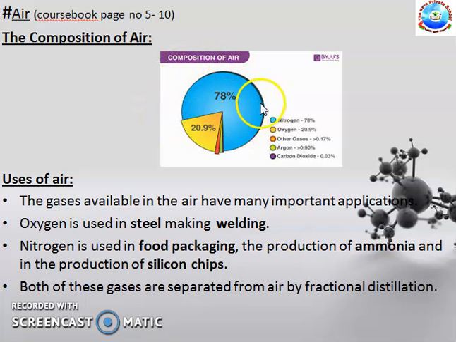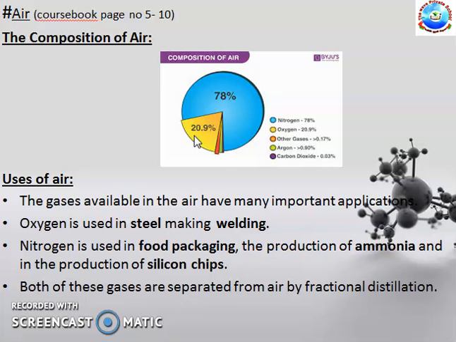But the composition of air is like this: 78% is nitrogen. See, isn't it surprising? Because usually we think oxygen is present everywhere and there are no other gases. But the reality is that the composition of air is 78% nitrogen gas and only 20.9%, you can call it around 21%, is oxygen.